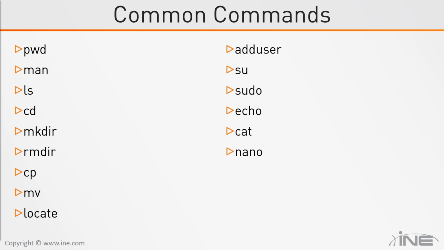Nano is a text editor using the command line. Chmod is for change mode, that is for changing file permissions. ifconfig, that's the same thing as ipconfig on a Windows box. It allows you to see some IP and network information about your machine. And ping allows you to ping another device in the system. So let's go ahead and dive right in.